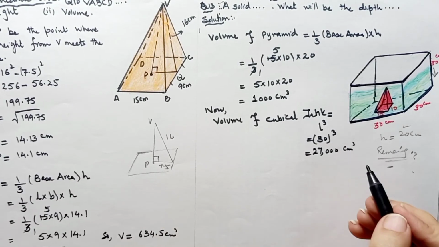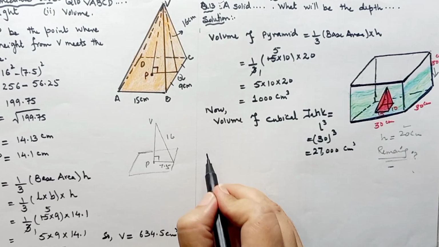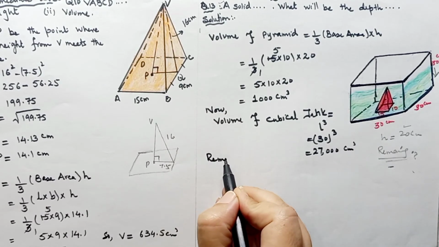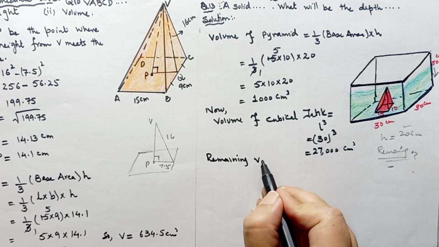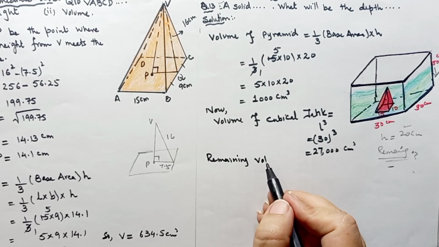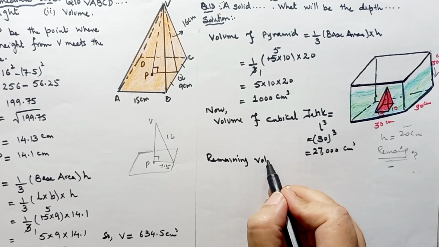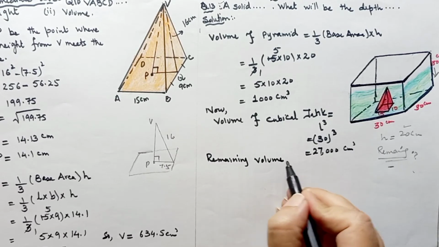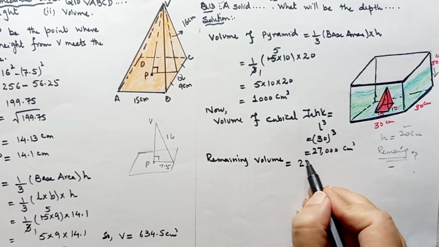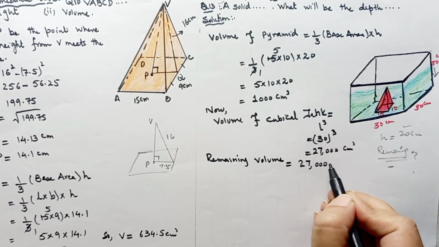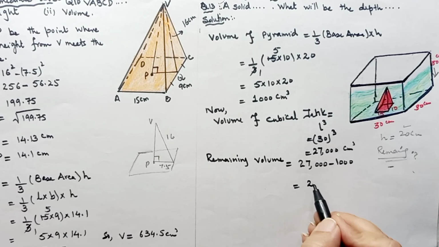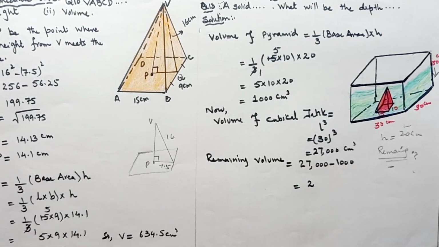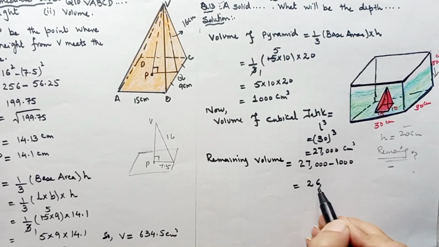Now we have to find the remaining volume, or remaining water, which equals 27,000 minus 1,000, and this is equal to 26,000.